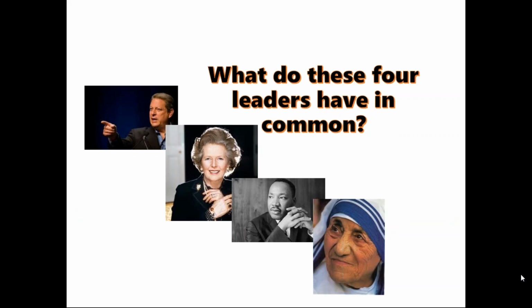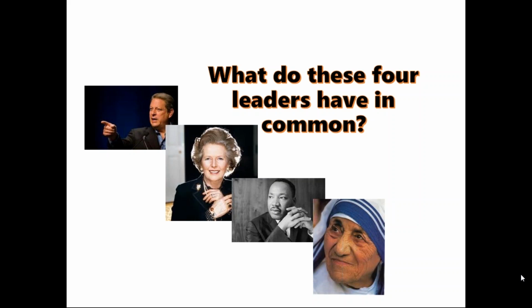So the first question I want to ask you is, what do these 4 leaders have in common? They're coming up on your screen now, and you probably all recognise them in some way, shape or form. You may even be able to name them. They're that well known. There are 3 of them that are dead, and 1 that's still alive.